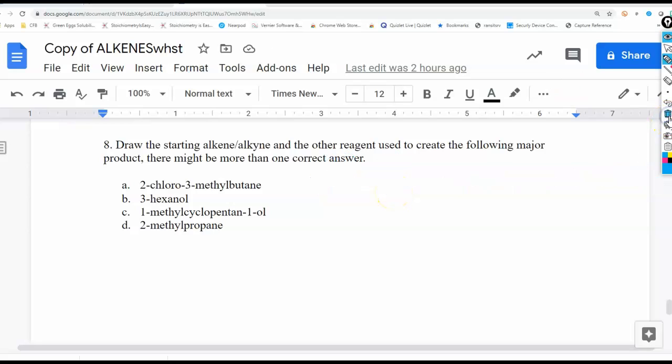Okay, so let's go try the next one. How do we form 3-hexanol? So if we have 3-hexanol, there's our hexane, and let's just say that this is where our OH to make the alcohol is formed, making this 1, 2, 3, 4, 5, and 6.